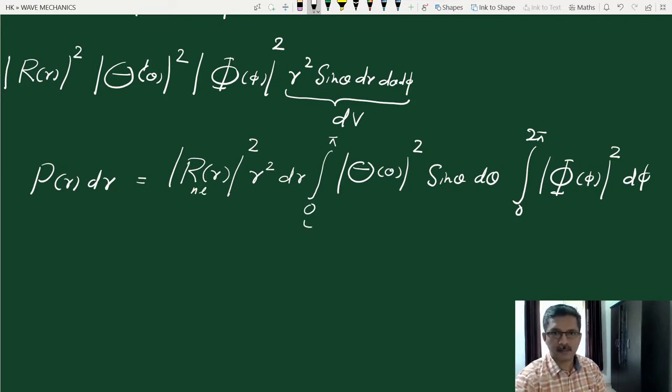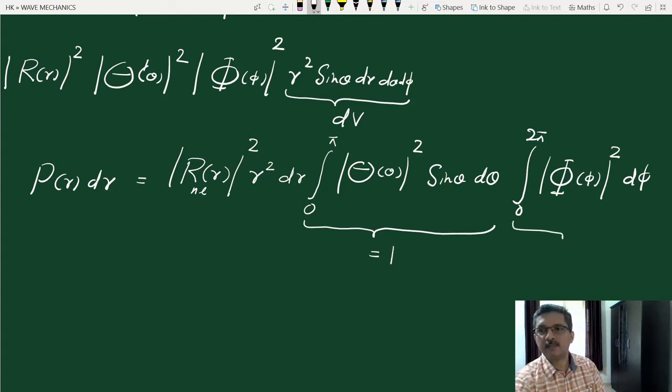That means this integral represents the total probability over theta, and this must be 1 since the wave function capital Theta is normalized, and similarly for normalized capital Phi this must be 1 also. So if you are using the normalized wave functions, then the two integrals will be 1.